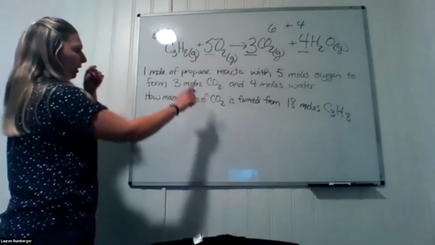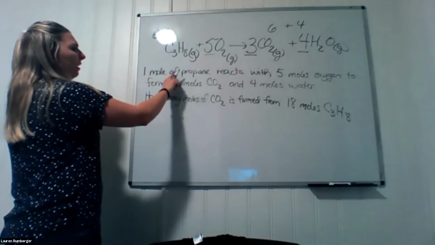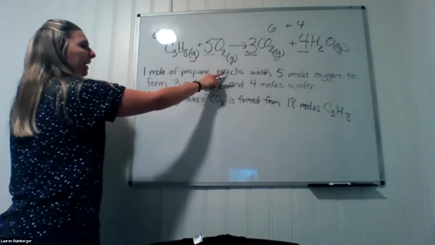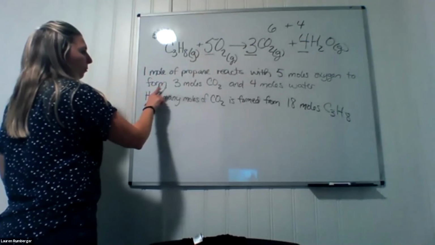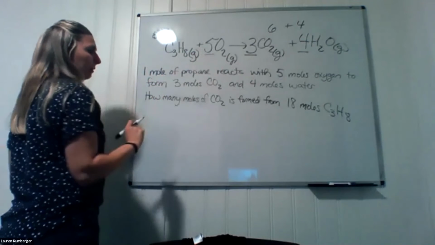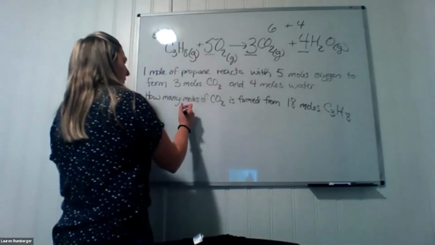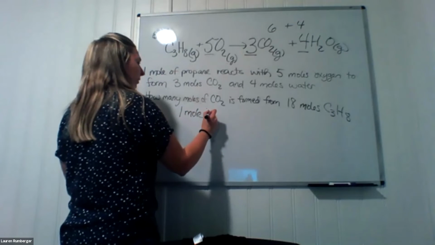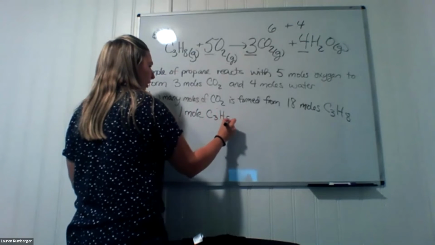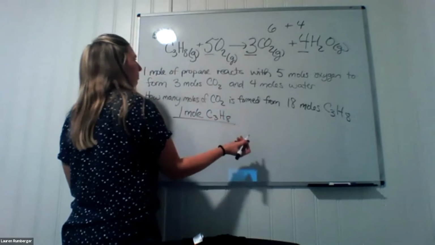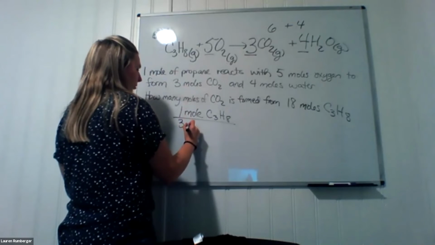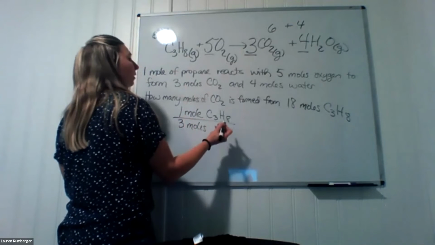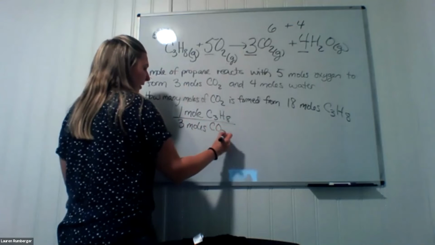Okay, so it says here, 1 mole of propane reacts to form 3 moles of carbon dioxide. So 1 mole of C3H8 forms 3 moles of carbon dioxide.